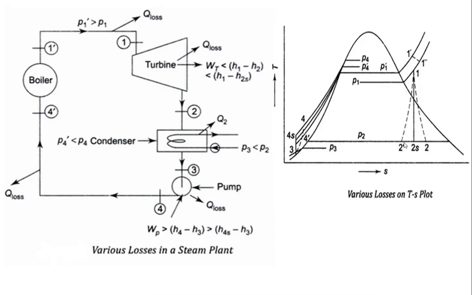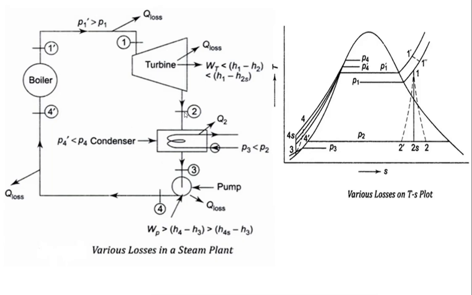Sometimes entropy increases, sometimes entropy decreases. So this we can see here. This is one loss, and look at here, this is the P1 dash pressure. It is a higher pressure, and P1 is the turbine inlet pressure. Next, let us go to the condenser.